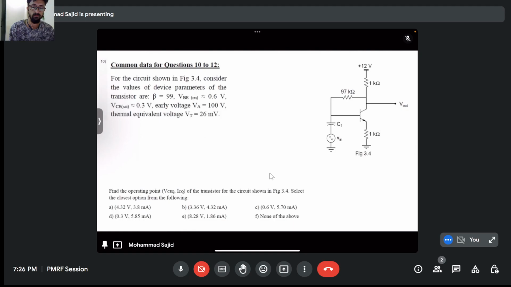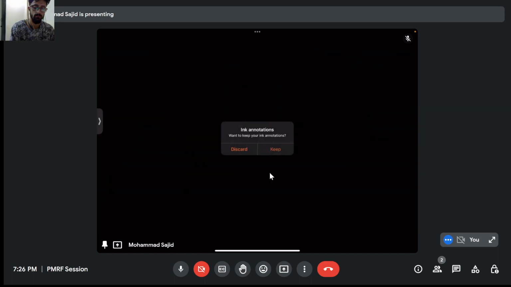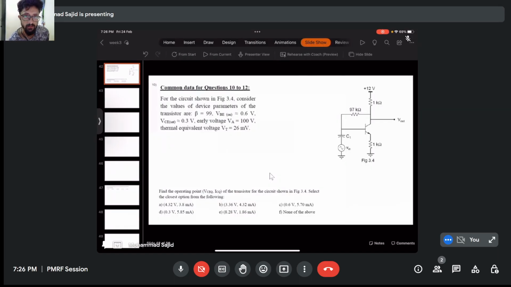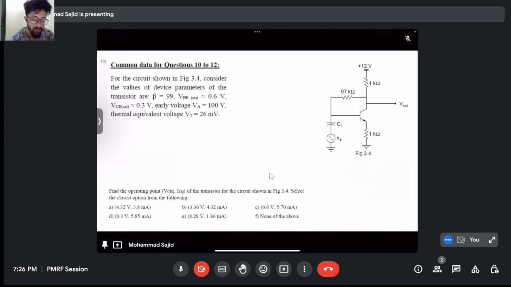Now the last one, 10 to 12. What does the question say? For the circuit shown in figure 3.4, consider the value of device parameters.